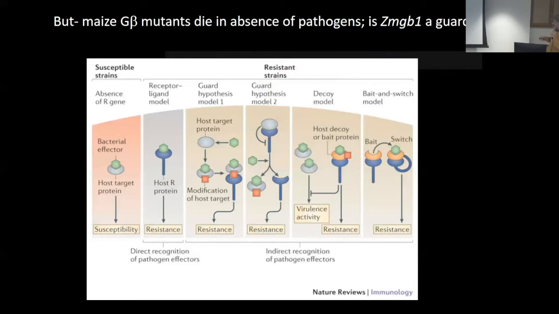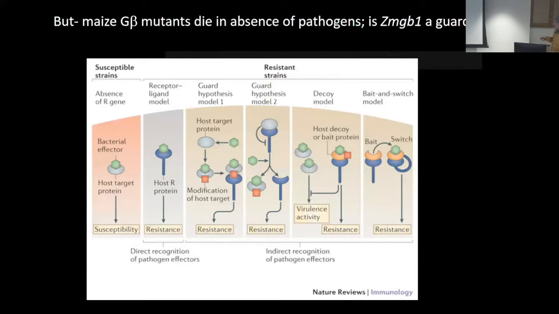They're actually guarding or surveying that host protein to see if it's under attack by a pathogen effector, right? This is called the guard hypothesis. And these plant proteins that are bound by the R proteins are called guardees. They're being guarded so that when the plant is under attack by an effector, it knows it, right?